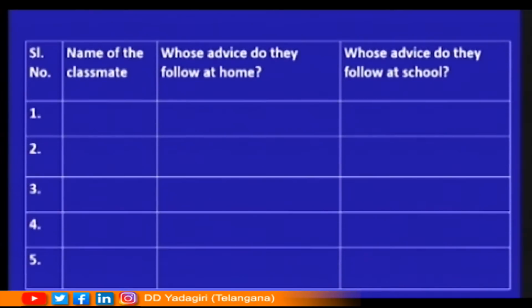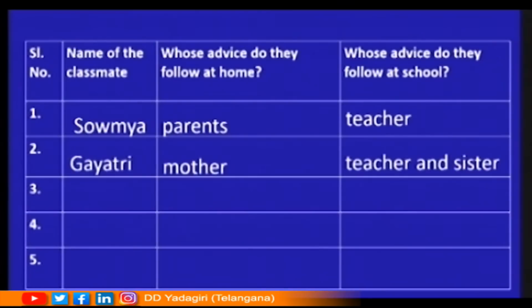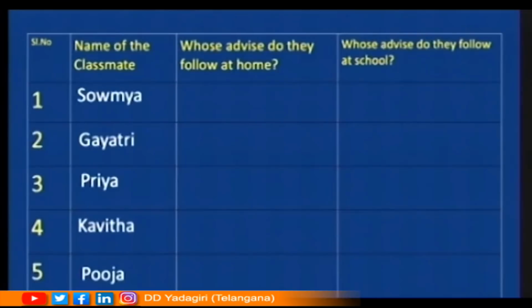Project work. Here it is in tabular form. Now you can see serial number, name of the classmate, whose advice do they follow at home, whose advice do they follow at school. Now let's see a video related to this project work.